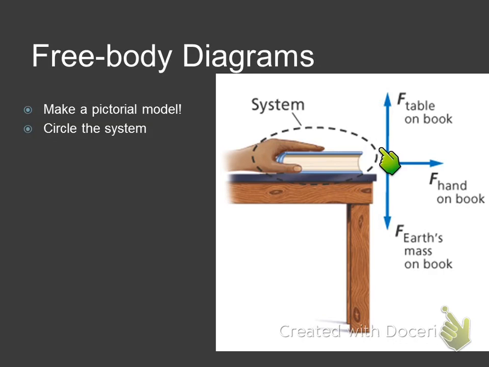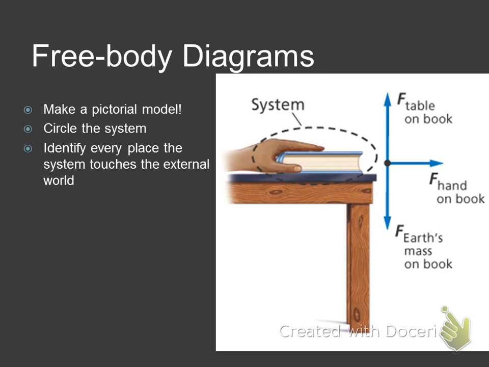Okay, you are more than welcome to circle it as well if you want, but you indicate that system with a dot, okay, or a box or whatever you want. It's not a big deal if you want to draw the picture, but it just kind of wastes some time. Okay. What we want to do is we're going to identify every place the system touches the external world. So we want to find out every single force that's acting on this system.